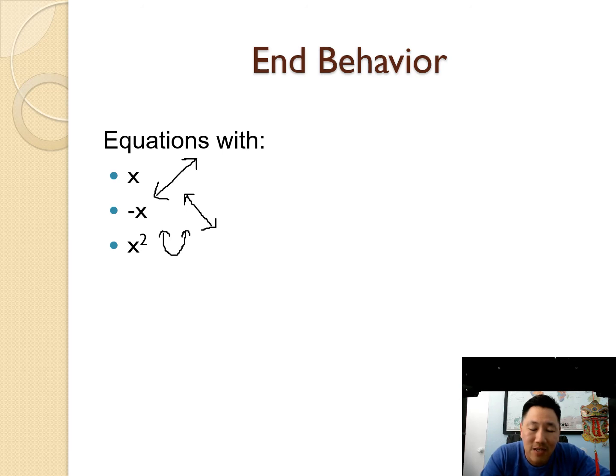Notice the left side is going up and the right side is going up, so they both go up. What if I threw a negative in front? Then it made it into a sad face. And now the left side and the right side are both going down. So when we talk about end behavior, we're talking about what's happening at the far end on the right side and what's happening on the far end on the left side. And you just have to say up or down.